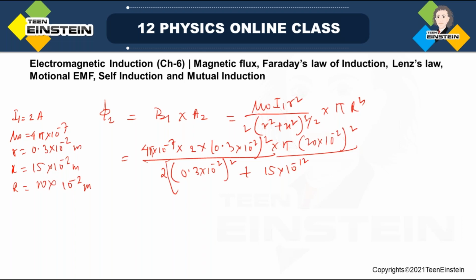So this is whole to the power 3 by 2. If you solve this, what you get is 9.11 into 10 to the power minus 11 Weber. Okay, if you solve this numerical calculation, then you get that.